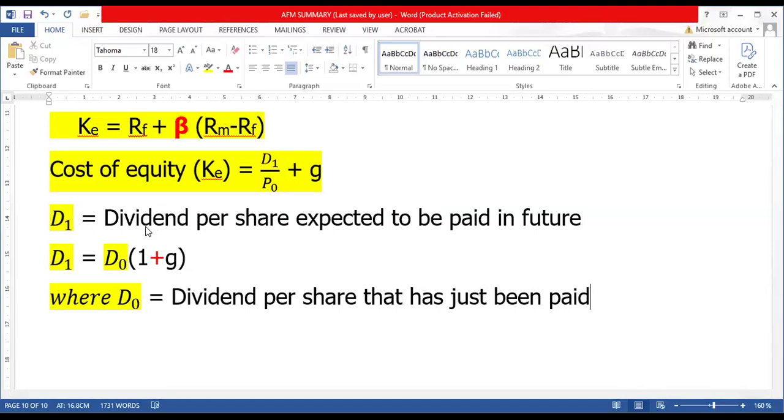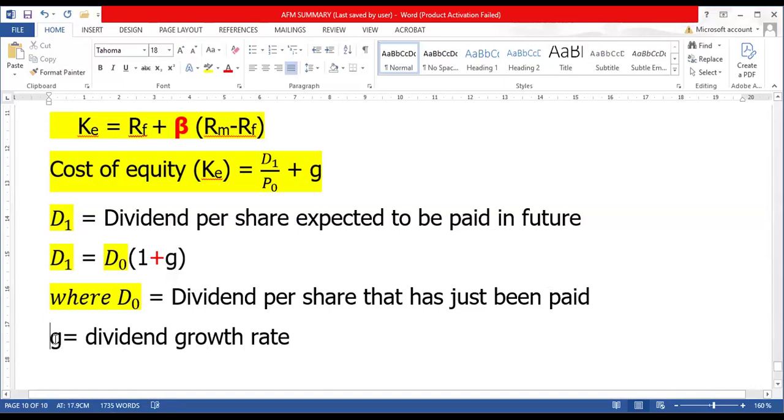D1 may be equal to D0 in a scenario where there is no growth in dividend, because in that scenario this G will be equal to 0. This G we are talking about here is the dividend growth rate.